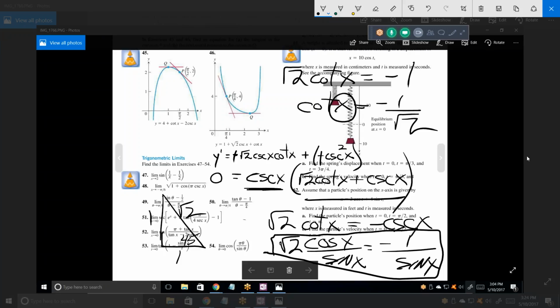Well, you just need to be able to do inverse cotan. Actually, here, you don't even need to do that. Let's do inverse tan of negative root 2. What's it give you when you put in inverse tan of negative root 2, which is what we're looking at here? If the cotan is negative 1 over root 2, that's the same as the inverse tan of negative root 2. I'm grabbing my calculator.